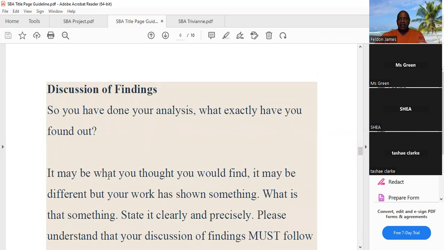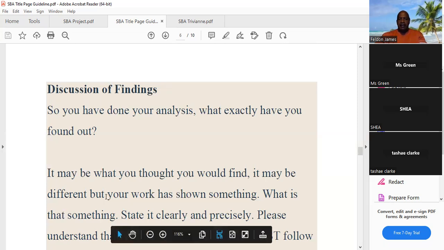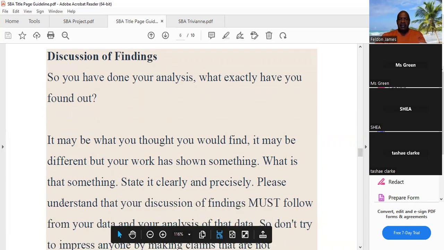It may be different, but your work has shown something. What is it? What is that something that your work is showing? State it clearly and precisely.